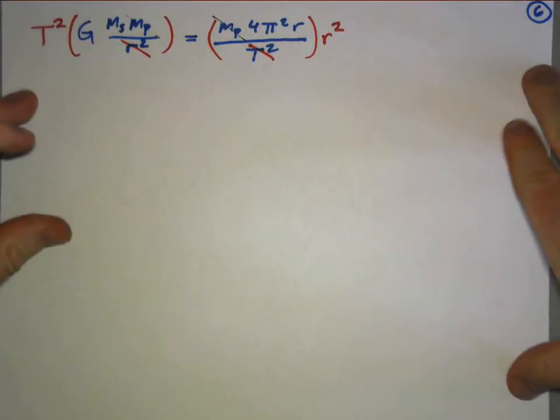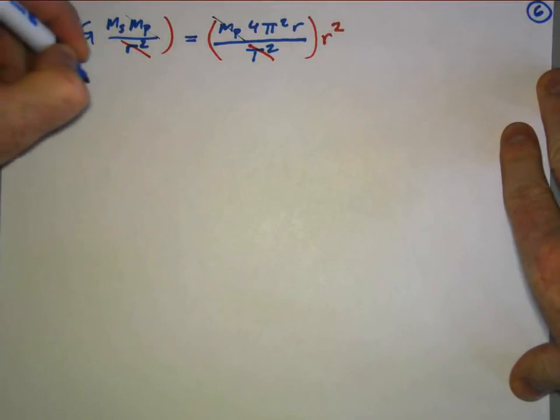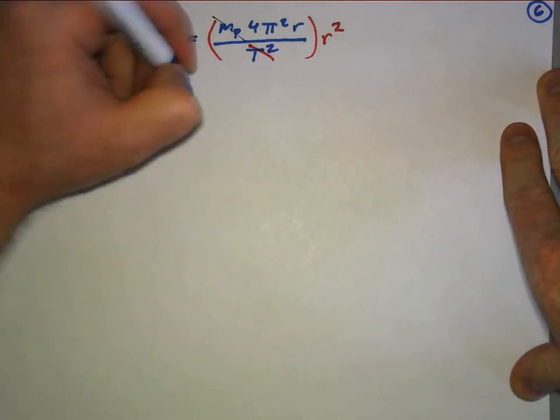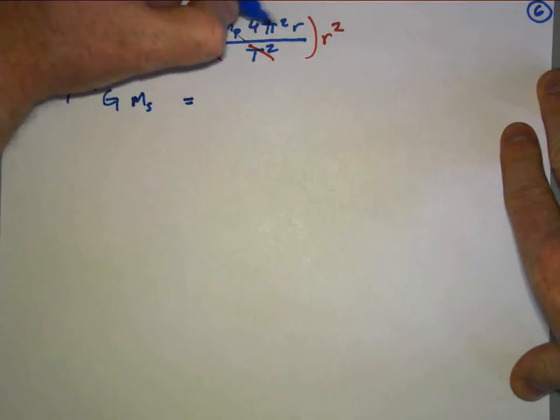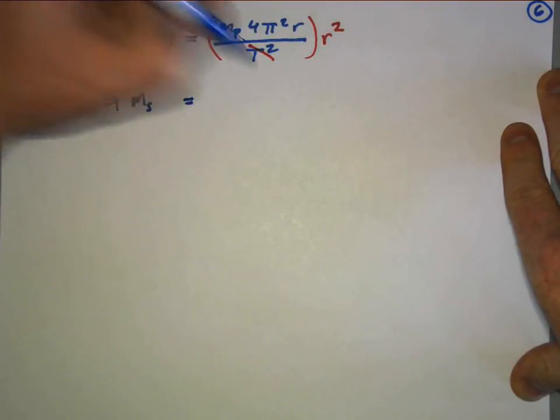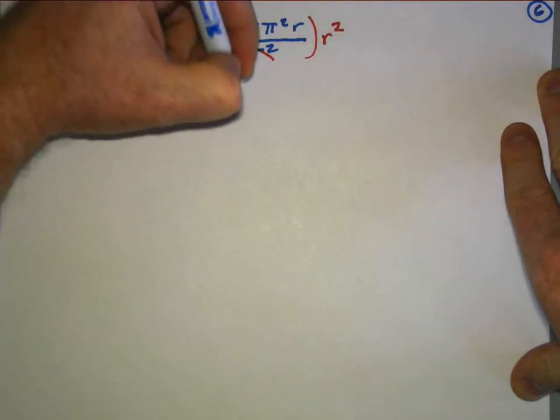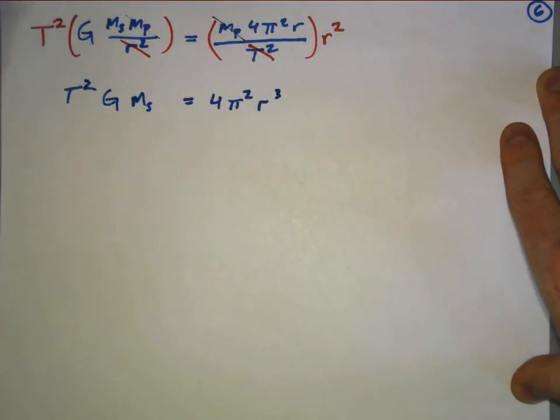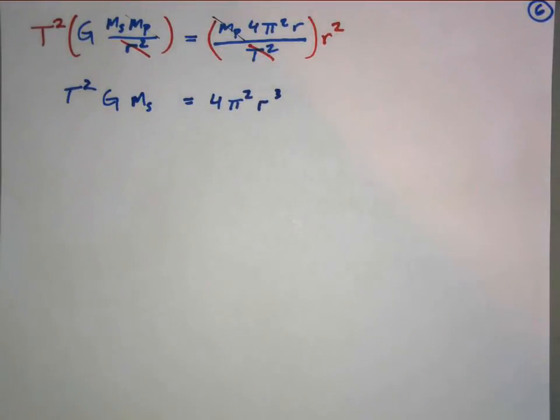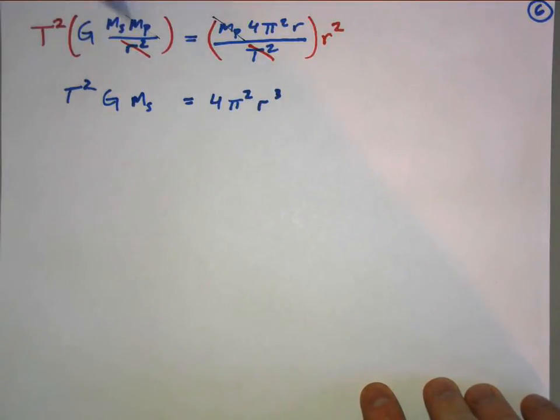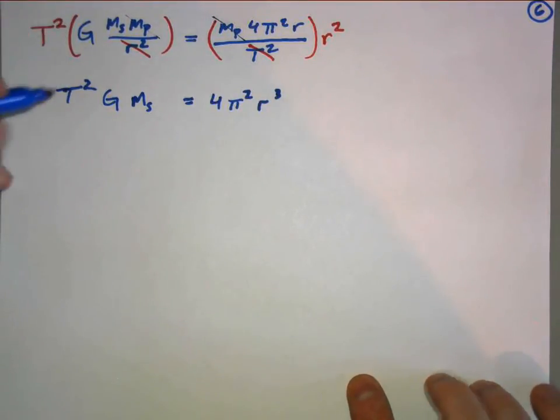So I'm going to show you some simplification, clean this up a little bit. Period squared times g times mass of the sun equals 4 pi squared r times r squared. So let me write this out. 4 pi squared, r times r squared is r cubed. And the way this is usually thought of is trying to isolate t, maybe not truly isolated.